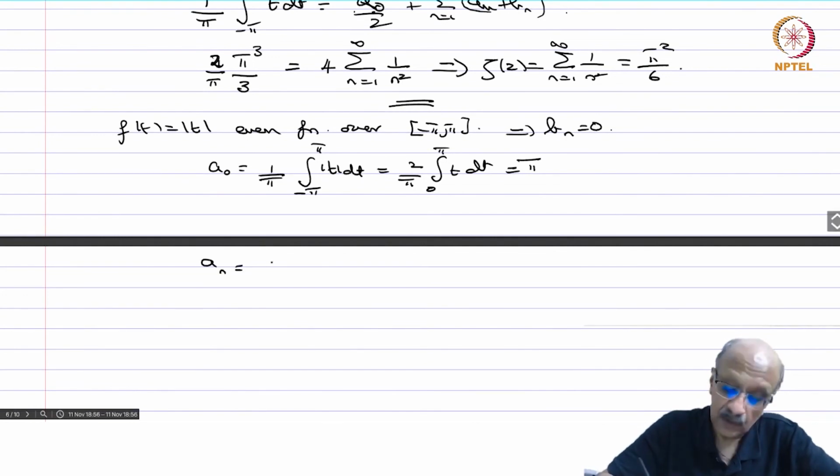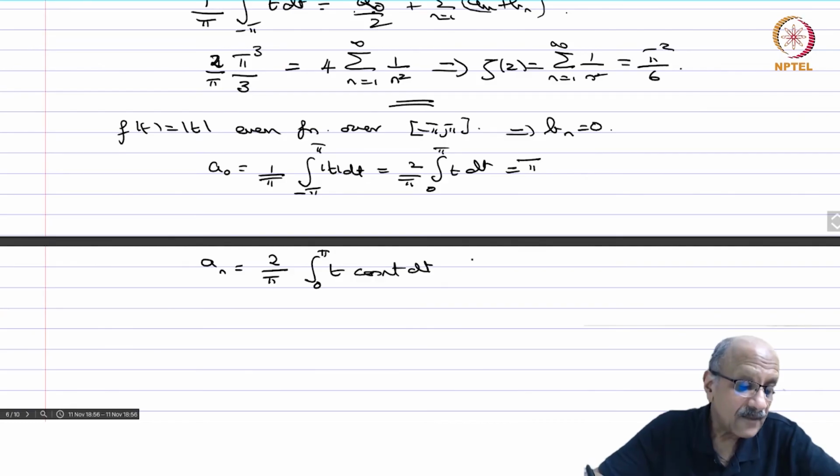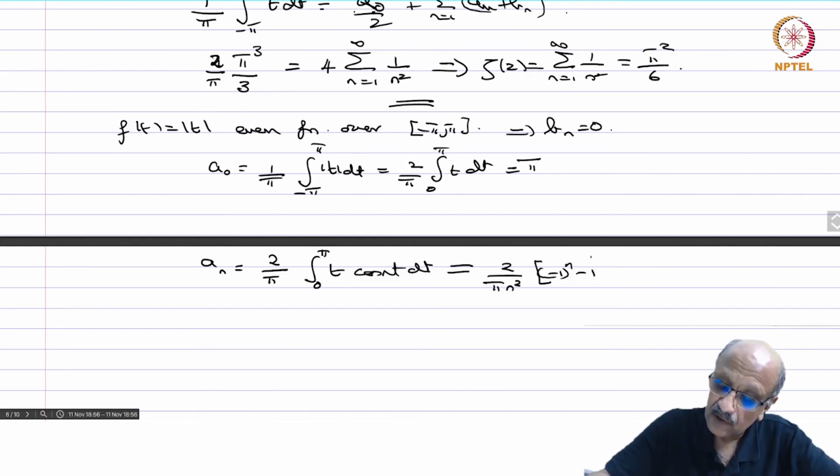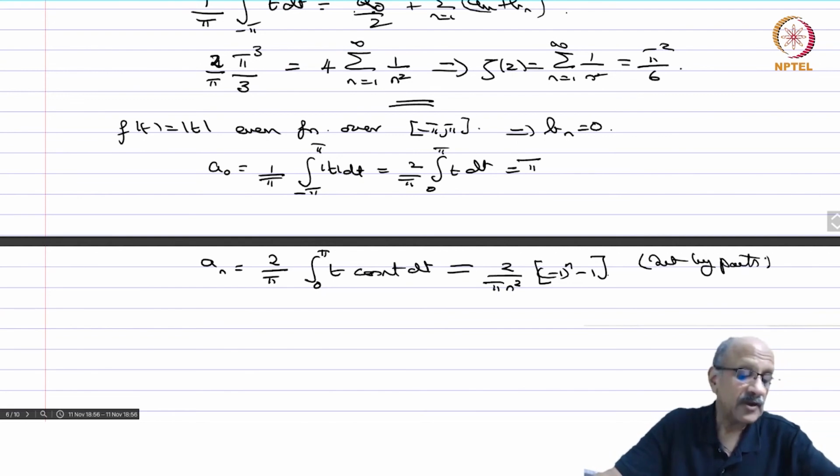a_n is equal to, again because it's an even function, 2 by pi integral 0 to pi t cos nt dt. Again do the integration by parts, so this will give you 2 by pi n squared into minus 1 power n minus 1. So again integration by parts. You can check these calculations, this is a routine calculation.